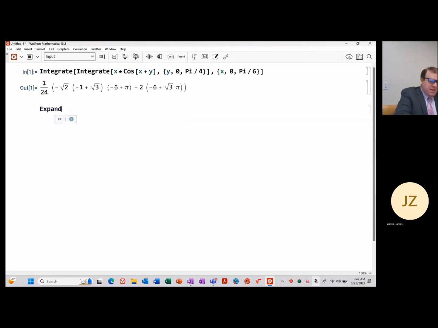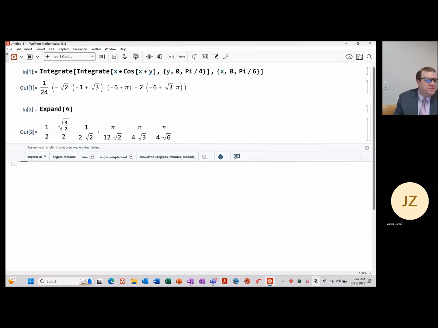So what if I do expand? That's still not what I have written down. But I think it's the same.